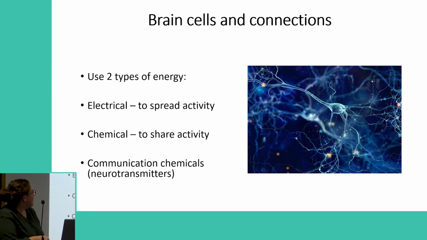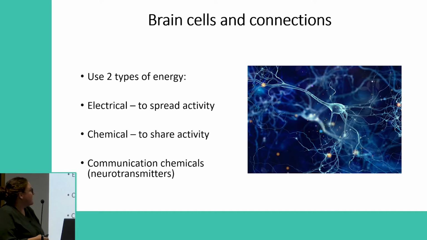When this brain cell, for example, receives enough synaptic inputs, it will become active, and that is electrical activity. It fires what is known as an action potential, which is like a spark that spreads down the axon, and then it will send that message out to other neurons. When it does that, it releases neurotransmitters, and these are the chemicals in the brain.